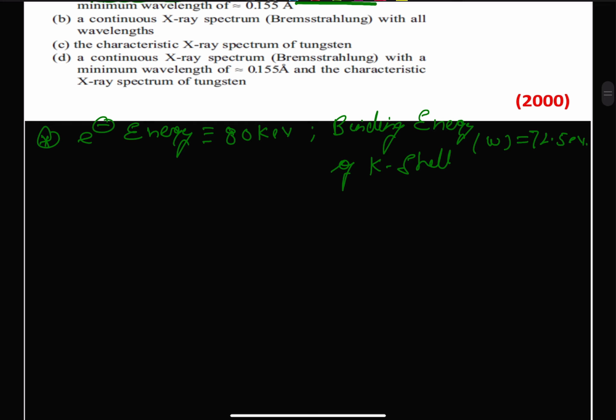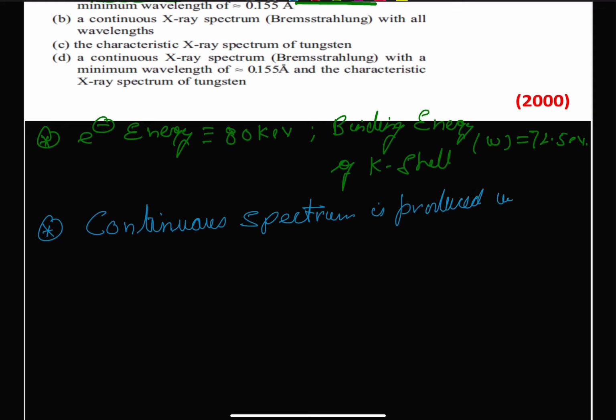So we can say that continuous spectrum is produced when high speed electrons are decelerated by the target.